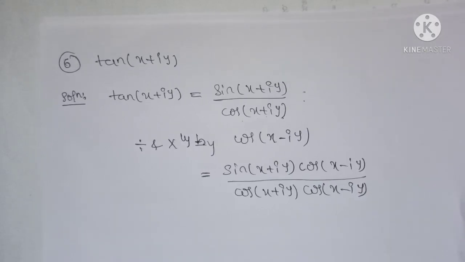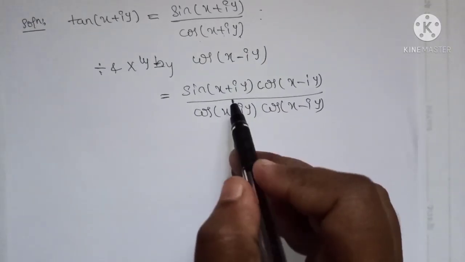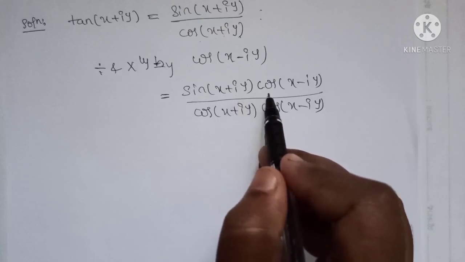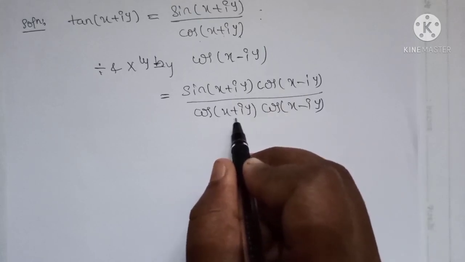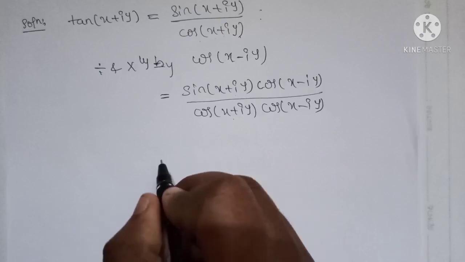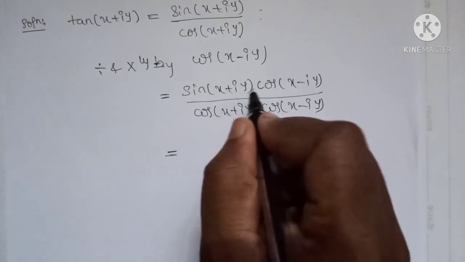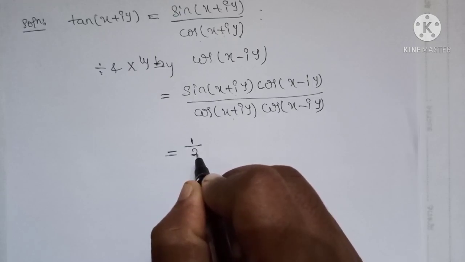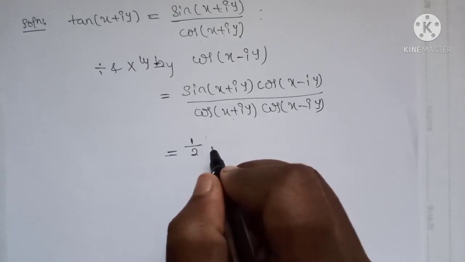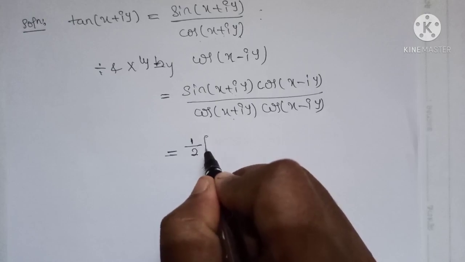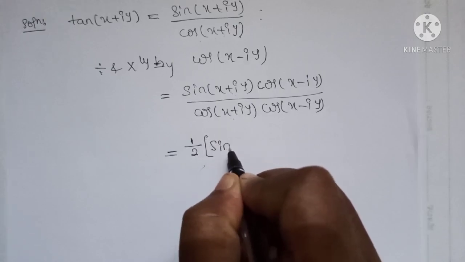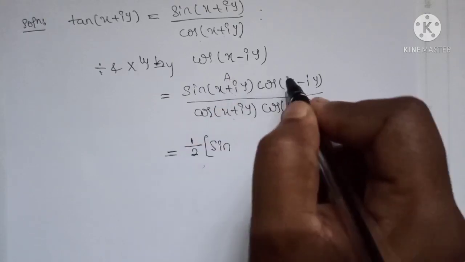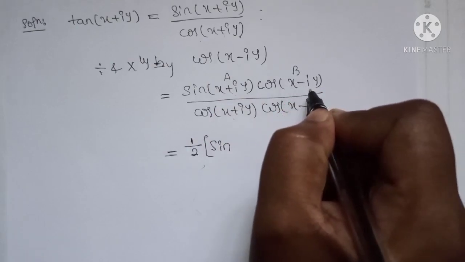Then to the numerator we apply the sin a cos b formula, and to the denominator the cos a cos b formula. The sin a cos b formula is 1 by 2 times sin of a plus b plus sin of a minus b. Here a means x plus iy, b means x minus iy.